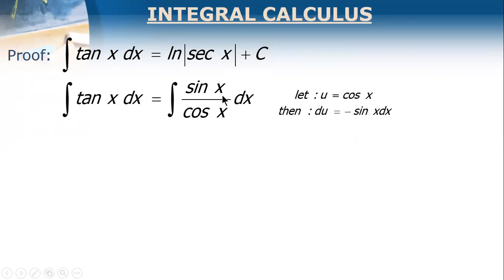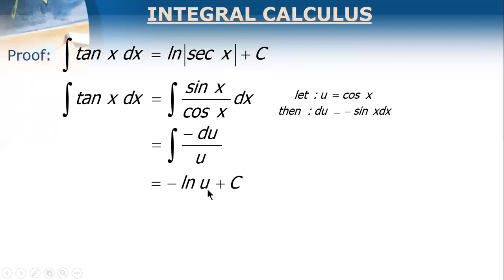So sine x dx is the same as in the numerator. So sine x dx is negative du, over u. And the integral of du over u is ln u, but we have a negative sign, so negative ln of u.